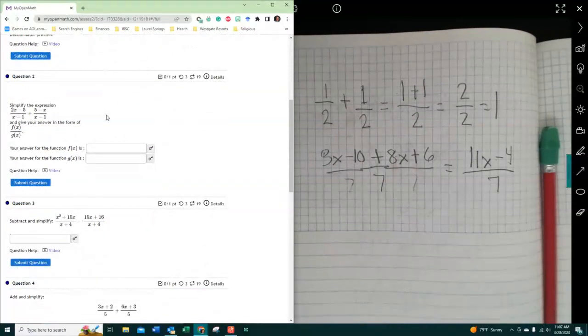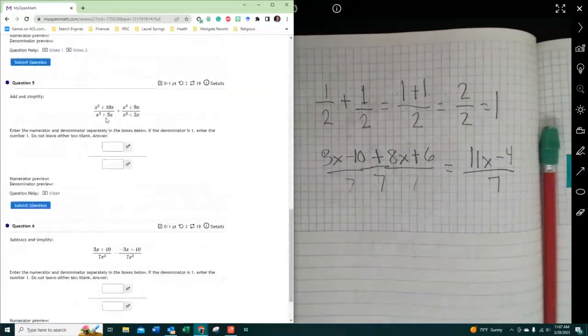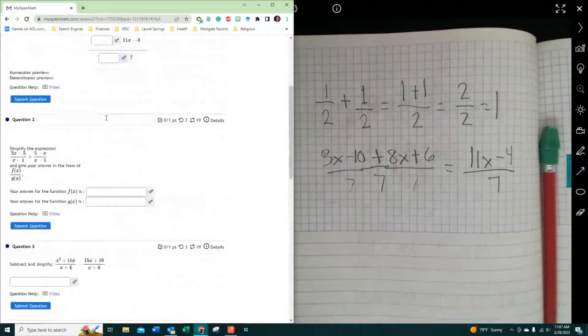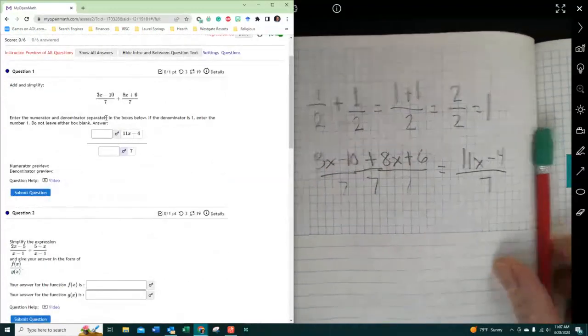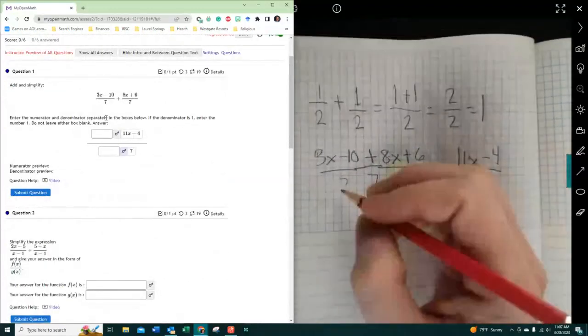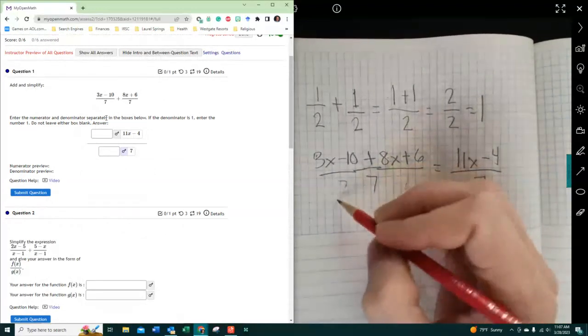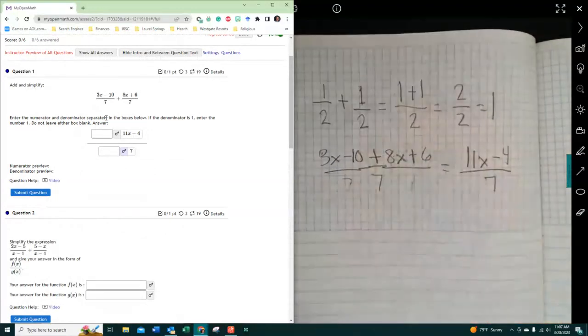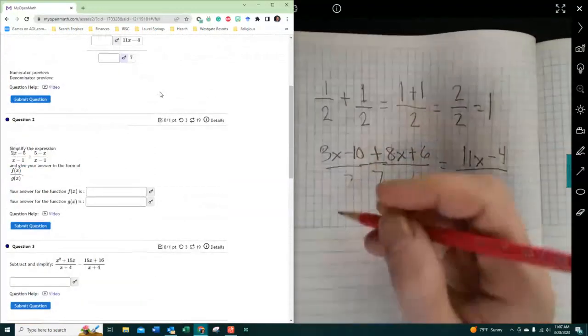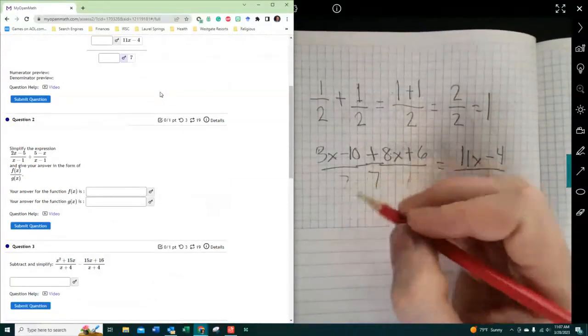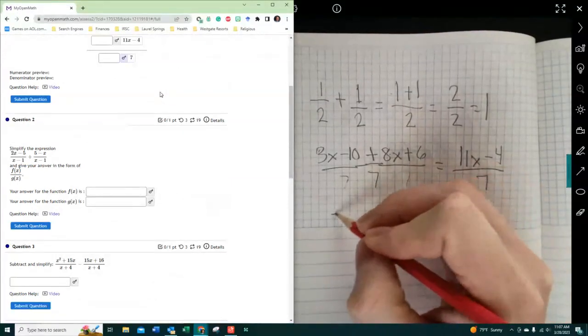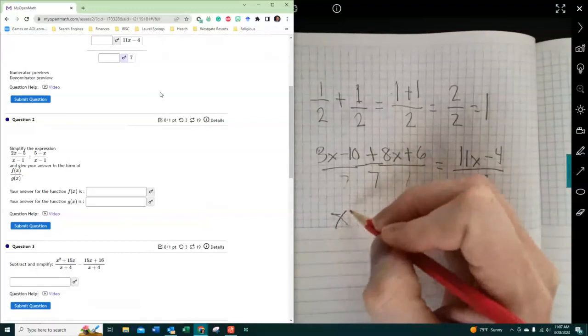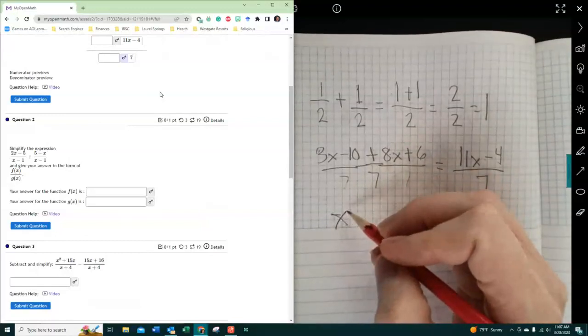So now we're going to have a couple more of these, and there's not that many questions on this because it's just that simple. It's just a matter of adding your numerators together. So now in this case, for number 2, we're just going to add 2x to -1x, which gives us +1x, because 2x minus 1x.